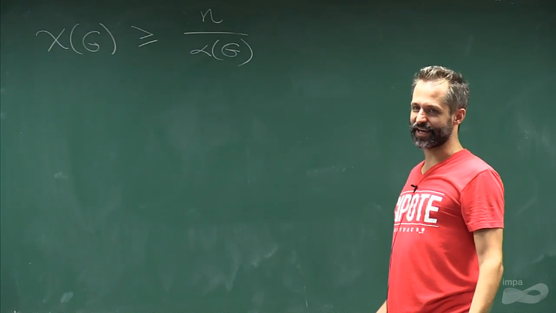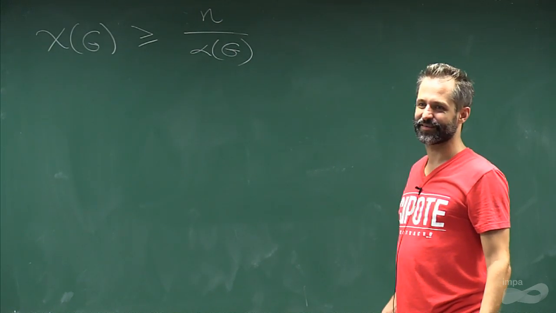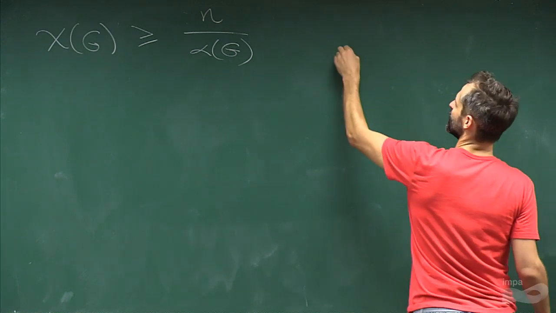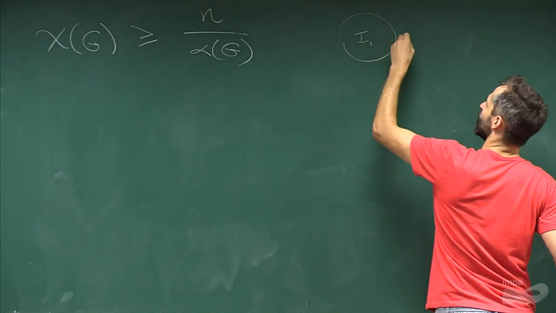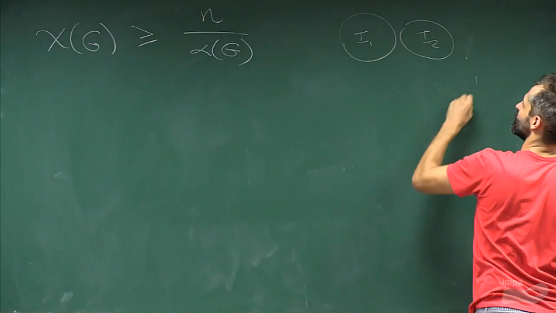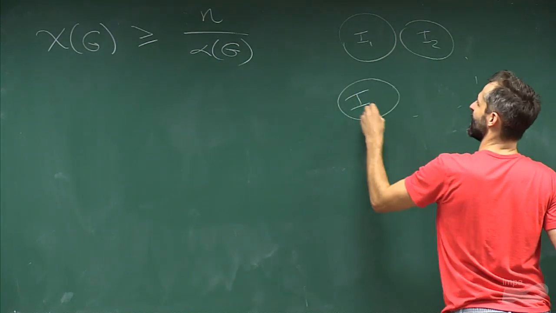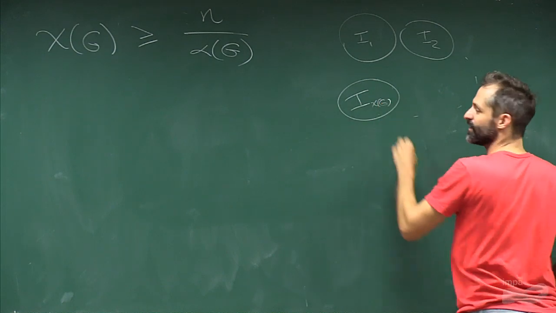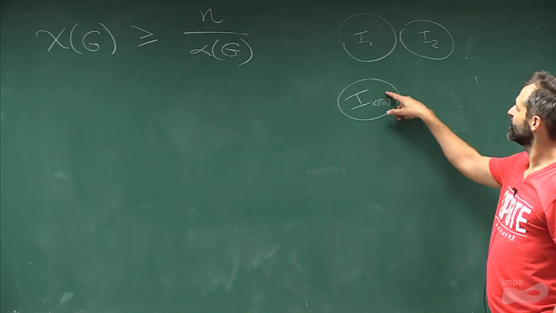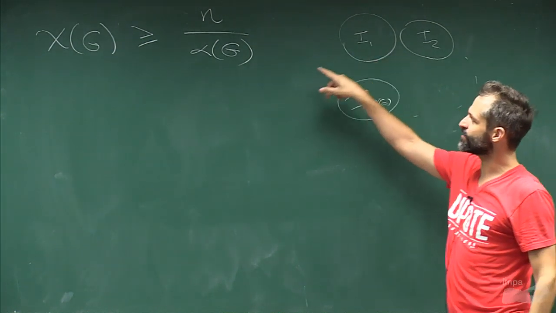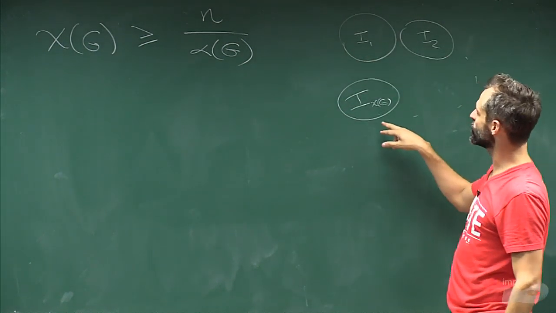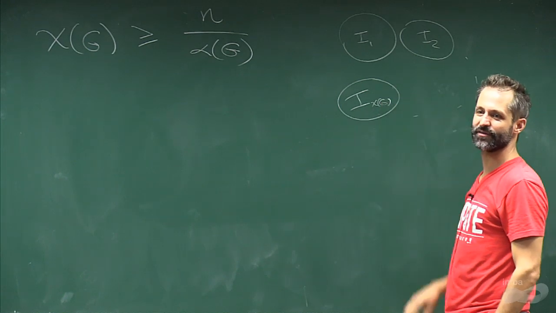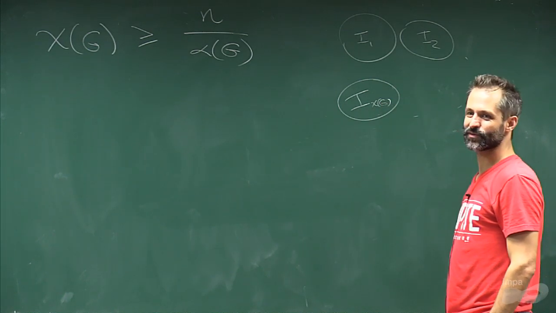N divided by, yeah, exactly. Right. Why is this? Because what's a colouring? A colouring is a bunch of independent sets, right? Independent set 1, independent set 2, up to independent set chi of G. If all of these have size at most alpha of G, then n must be at most alpha of G times chi of G. Right?